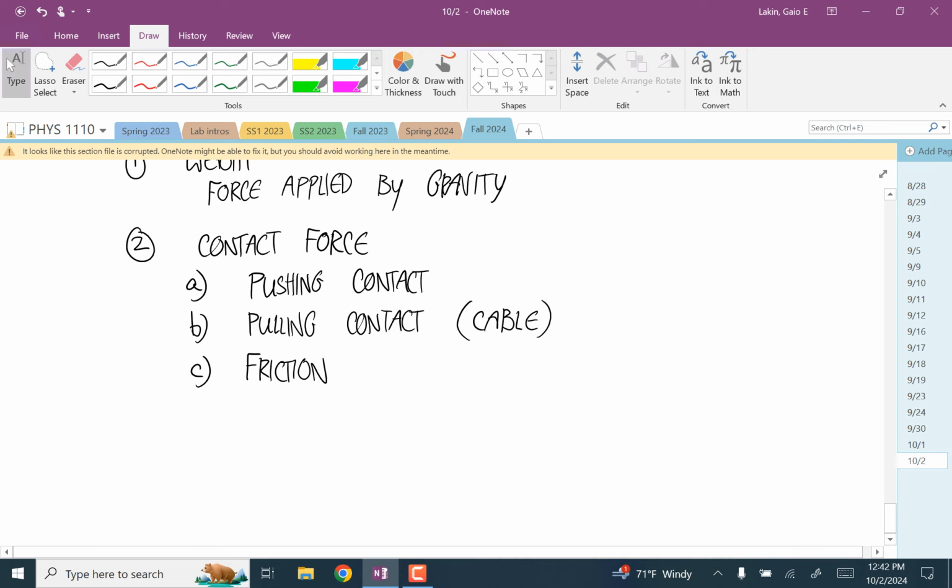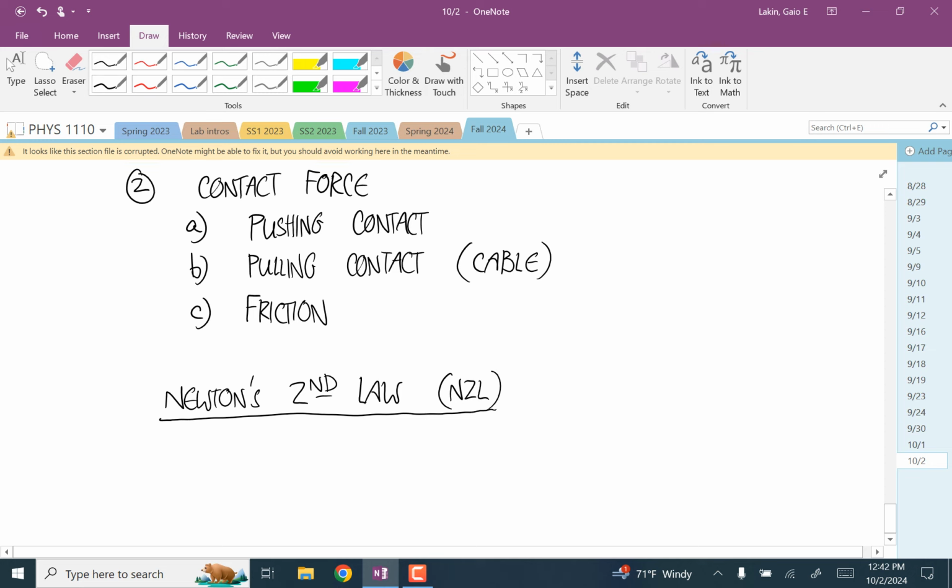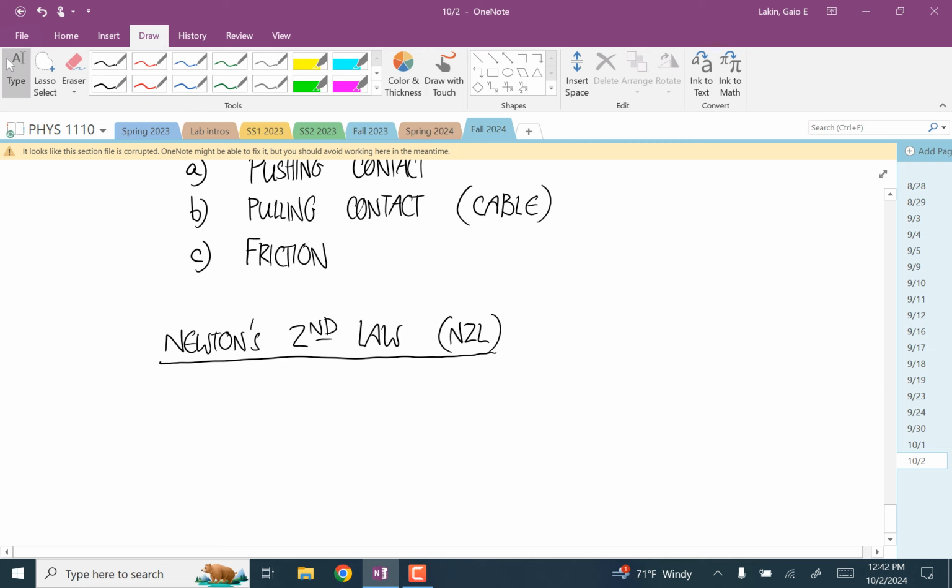And then what we're going to get to, the big equation, is Newton's second law. I'm going to abbreviate it N2L because I'm going to write that a lot. And this is the equation. So first, before I say that, this is the most important equation in this class.